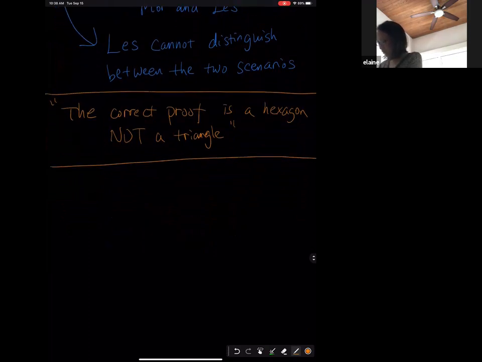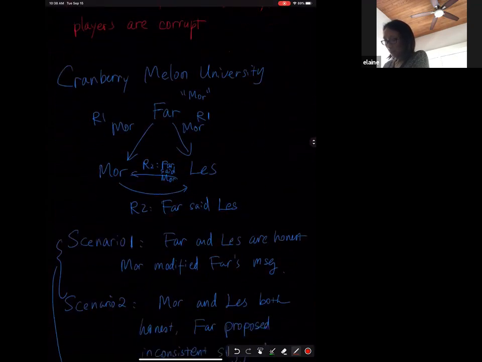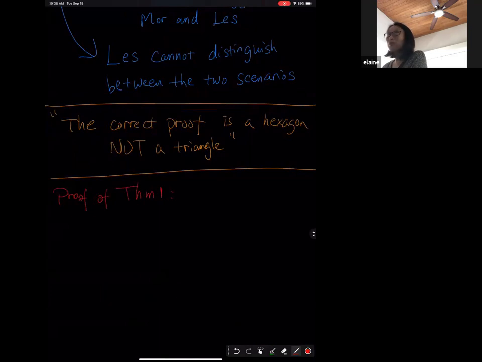Okay, so first, let me call this Theorem 1, and we're going to prove Theorem 1 together. Proof of Theorem 1. This theorem was first proposed by Pease, Shostak, and Lamport in 1980.